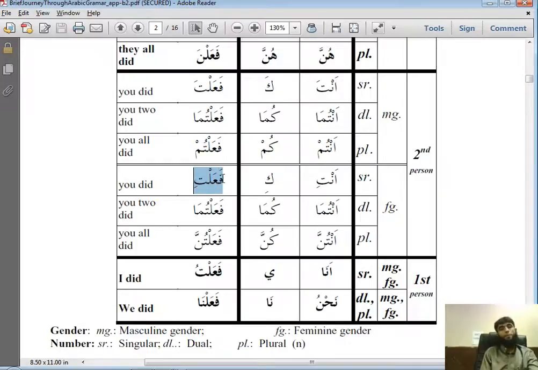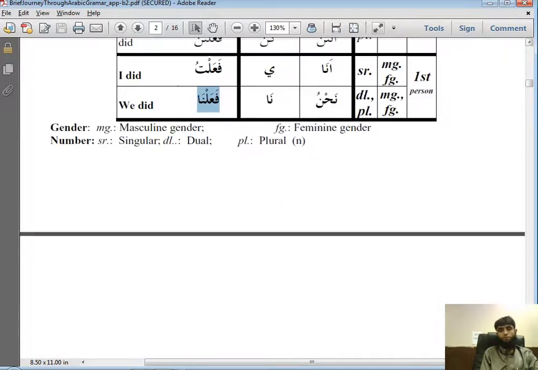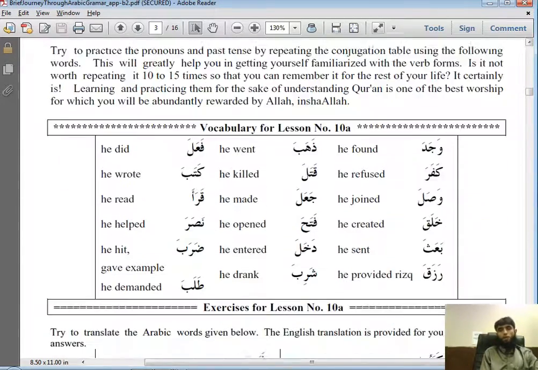And for females, فعلتي, فعلتما, you two females did something, and فعلتمنا, you all females did something. If I say فعلت, I did something, and فعلنا, we did something. So how, looking at the ending of the word, you can see who is the doer of the action. Okay, and then you have your examples.